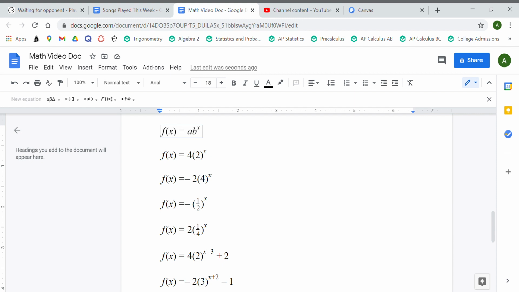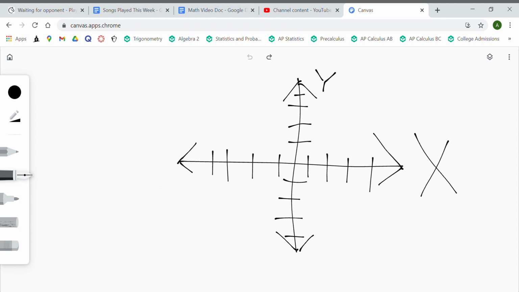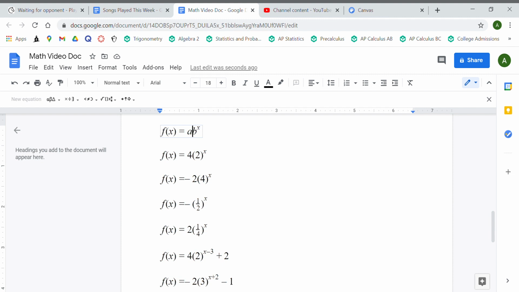Alright, now let's try and graph it. We're going to use y increments of 2, just so you know. Okay? So for 4 times 2 to the power of x, we raise 2 to the power of 0, we get 1, and multiply by 4, we get 4.